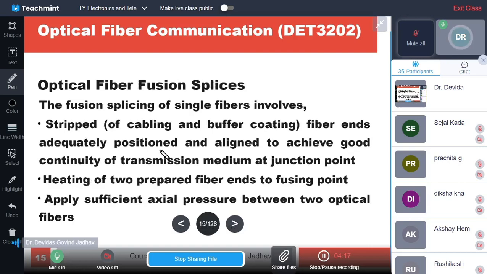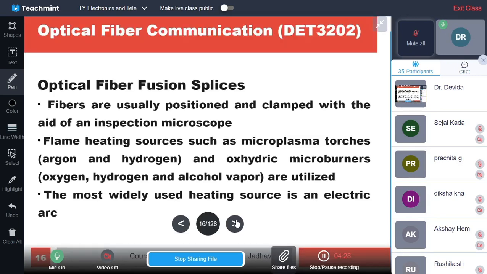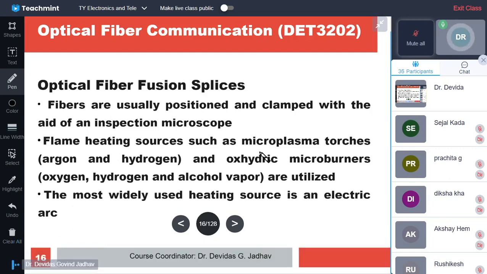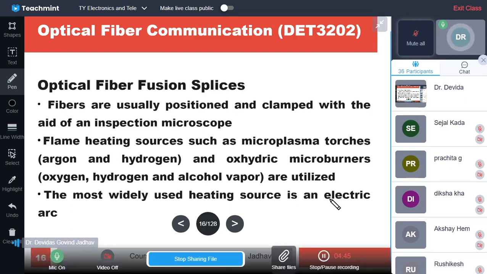So cable and the buffer coating are removed, and they are positioned in the aligned way, and then the heat is applied. So this is the fiber fusion splicing. So normally microplasma is there with the torches having the flames of argon, hydrogen, oxygen, hydrogen, alcohol vapor, but better is the electrical arc.